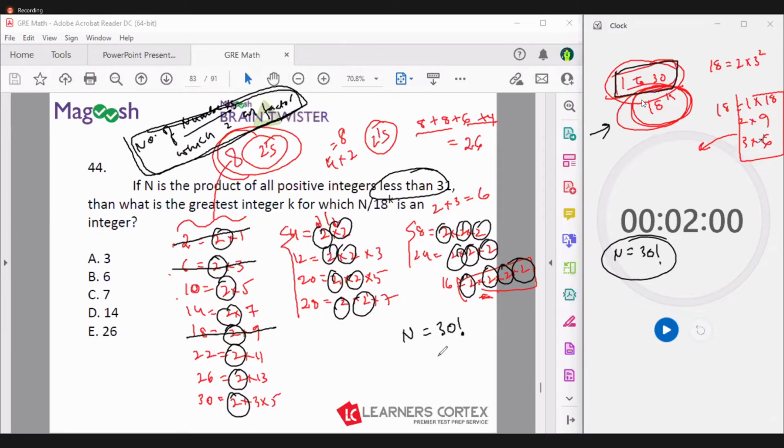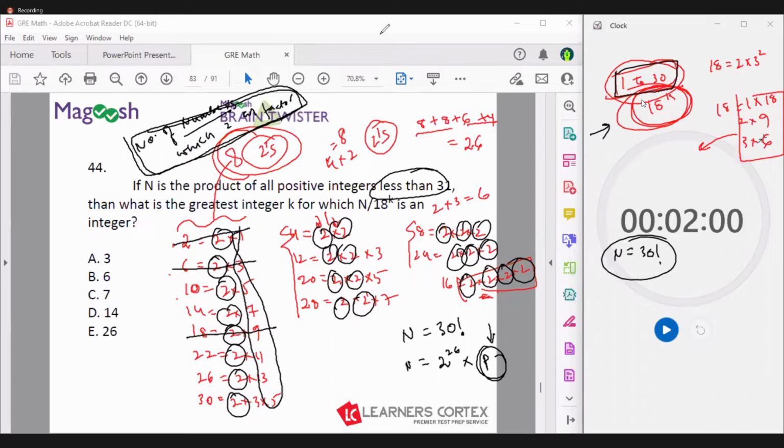What we can write it as is n equals 2 to the power 26 into some number p. It can be the combination of all the other prime numbers which comes into p. Does that make sense? Yes, sir.